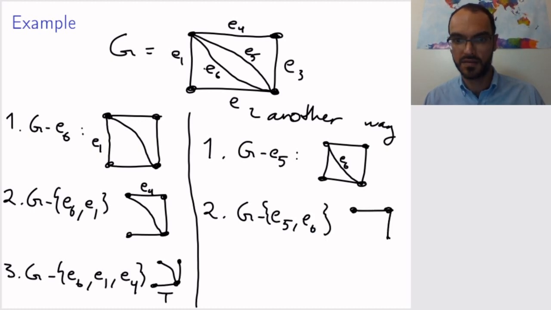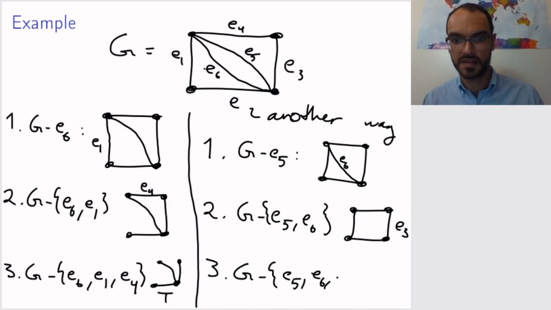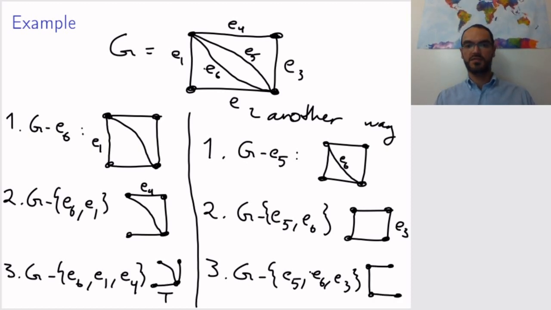Now my graph looks like this. And then say I remove E3, because E3 is still in a cycle. So now I get a graph that looks like this. These two spanning trees look completely different, but they are both spanning trees of my graph.